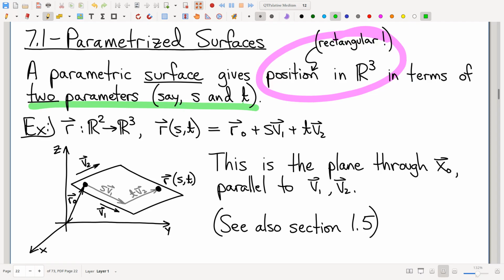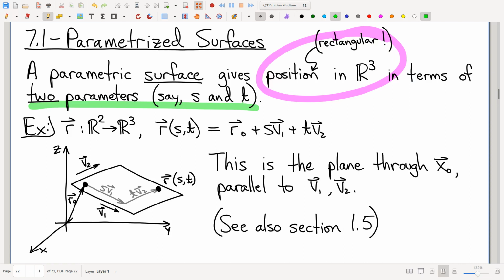You can think of that parameter as being time, and it literally traces out the curve. Here we have two parameters, so sadly we can't really think of them both as being time. Again, we get into some weird, probably entertaining, but weird science fiction movie kind of nonsense, right? So don't go with the time metaphor, but it remains, I just need position as a function of two parameters.